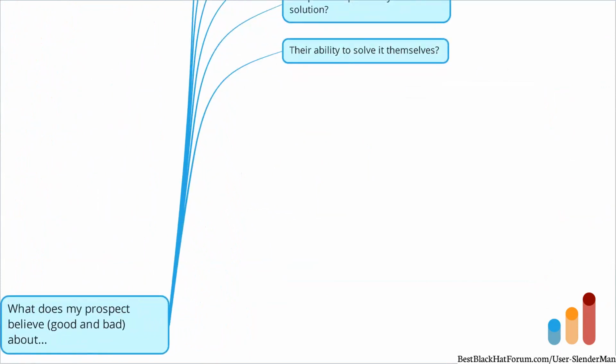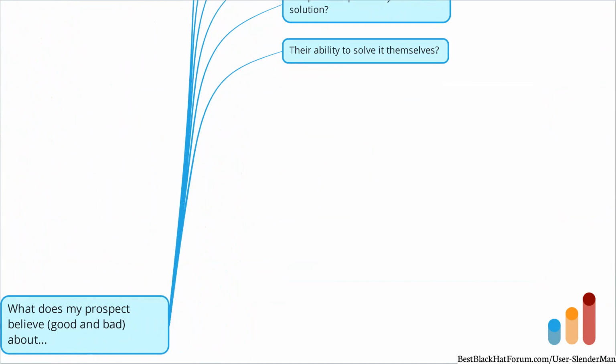What do they believe about their ability to solve it themselves? If you're dealing with somebody who is adamantly self-reliant, you may actually struggle to sell them or have to approach selling them in a different way versus if they don't believe that they could solve it themselves. If they believe they need help, that message that you're going to communicate with them is going to look very different.